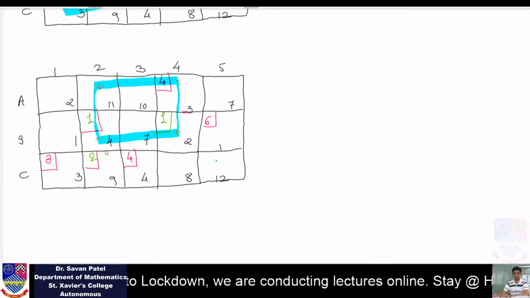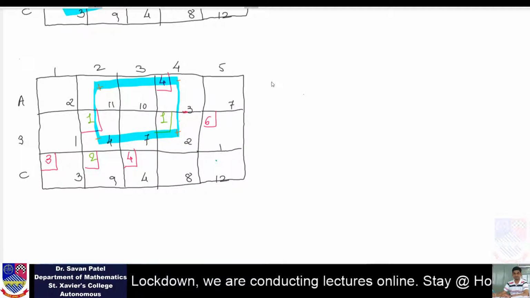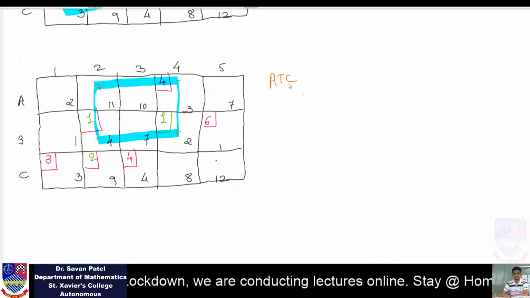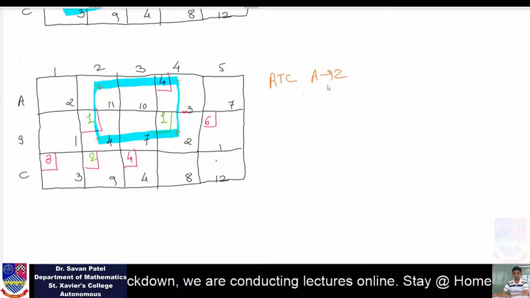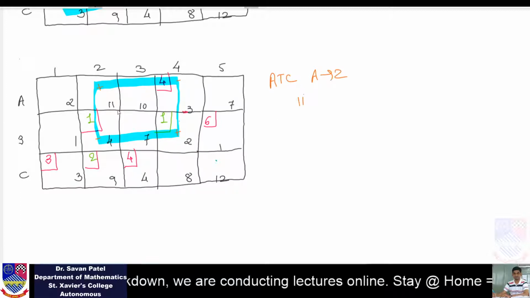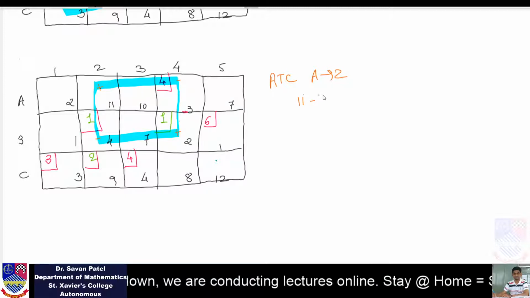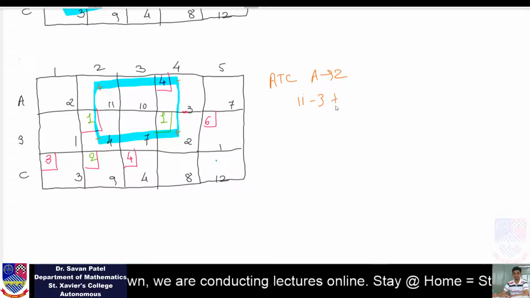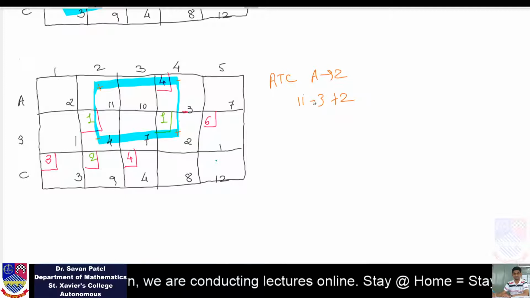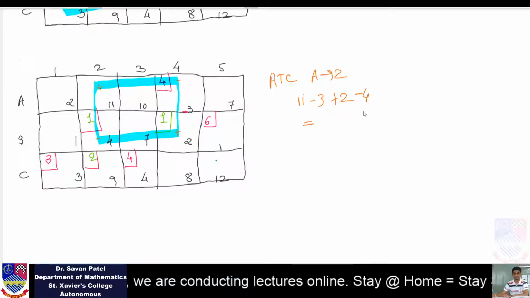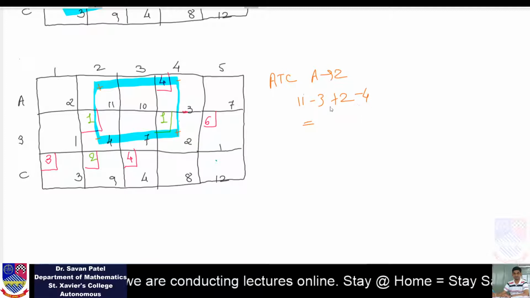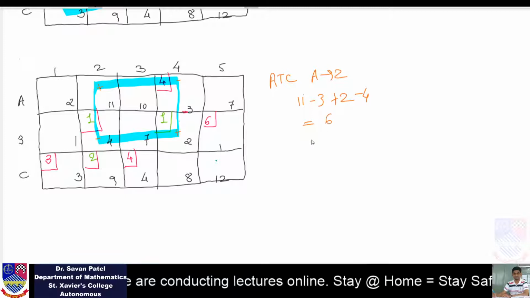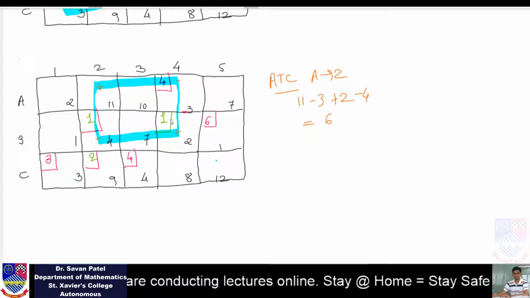The corresponding additional transportation cost on A to 2 is 11, then here it is minus 3, then here it is plus 2, then here it is minus 4. So here it is minus 2, minus 5, so it is 6. So that is not preferable.